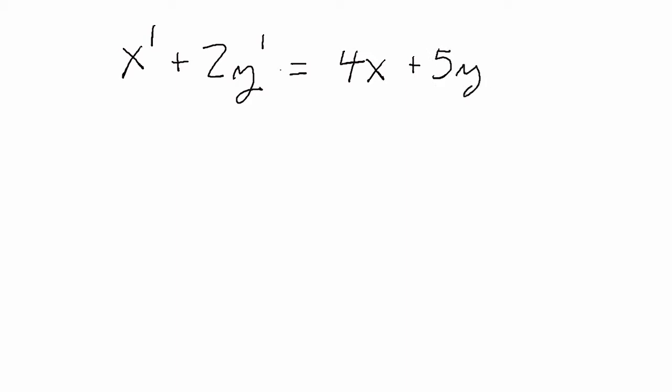Let's suppose that we have x prime plus 2y prime equal to 4x plus 5y, and then 2x prime minus y prime equal to 3x.